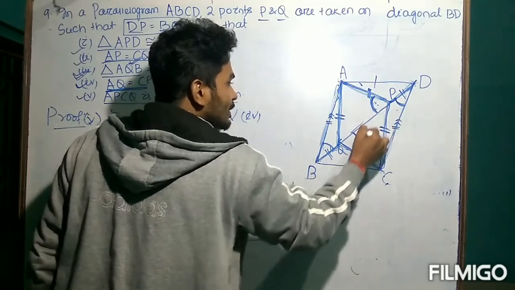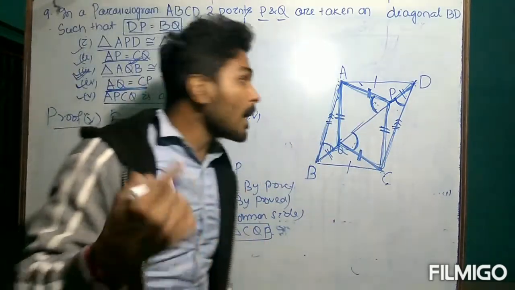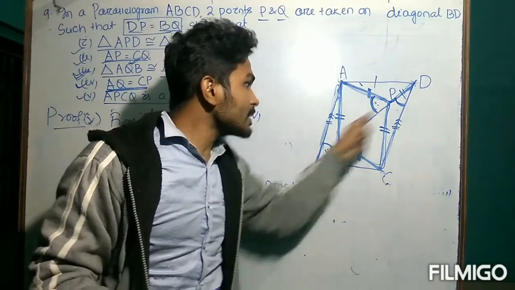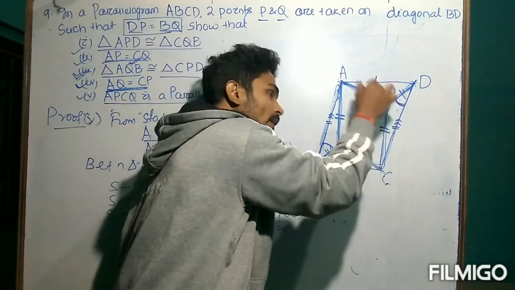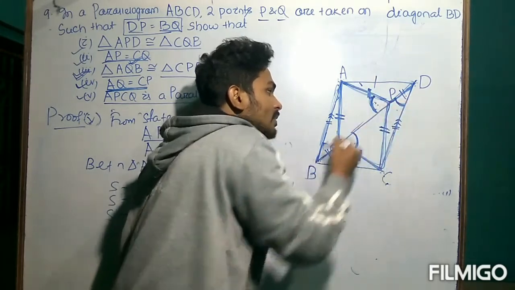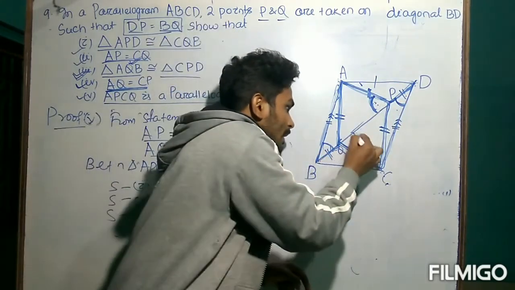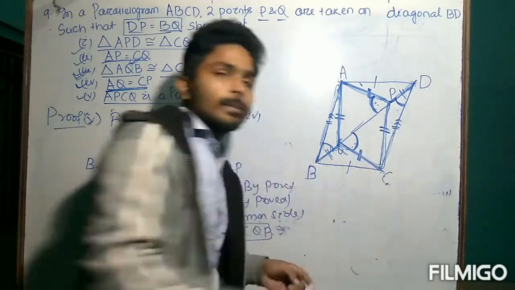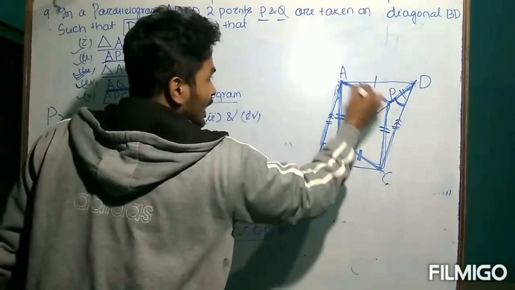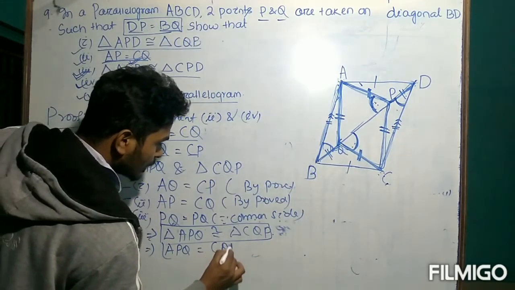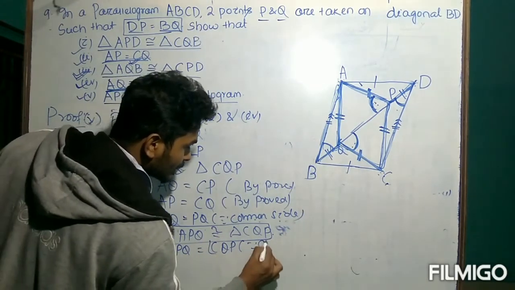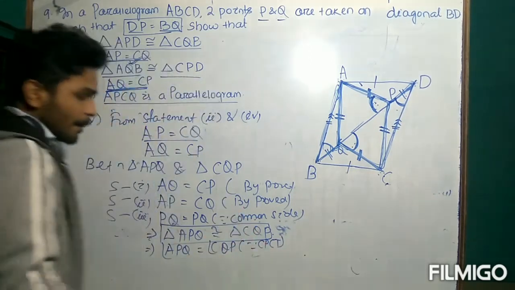Because these two angles are the corresponding parts of the triangles APQ and CQP. Yes or no? See, this P angle is the corresponding angle of this triangle. Similarly, this Q angle is the corresponding angle of the triangle CQP. So you can write that this angle APQ is equal to CQP. Yes or no? Yes. Why? Because they are due to CPCT, right.